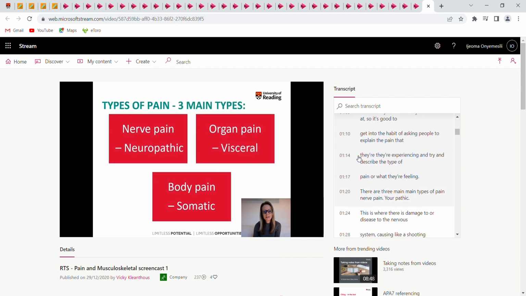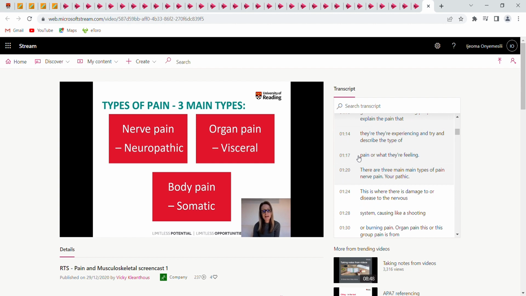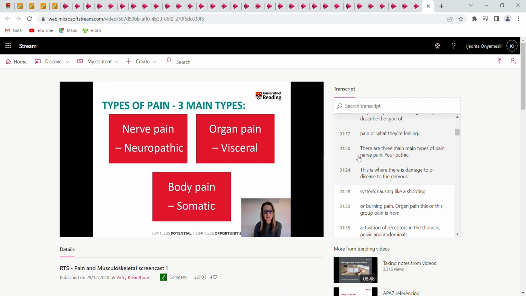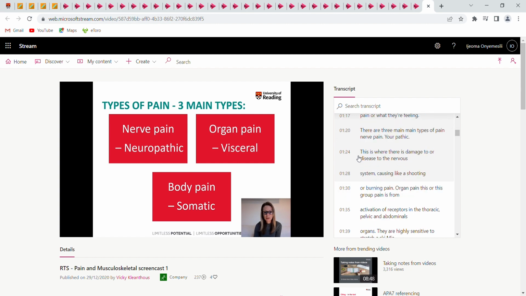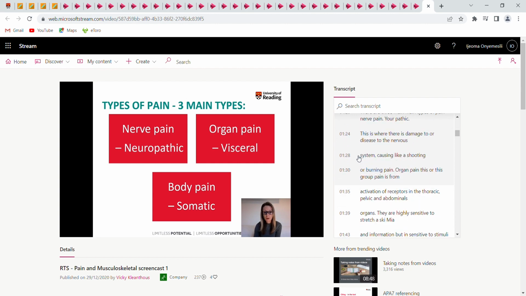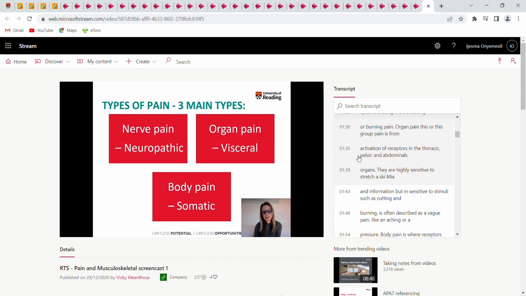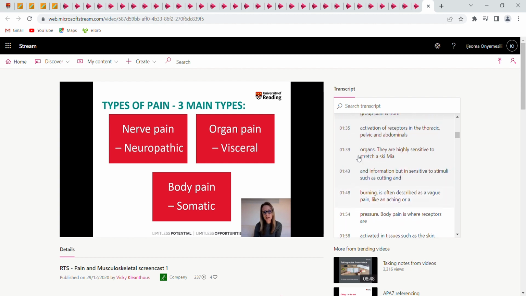There are three main types of pain. Nerve pain, neuropathic. This is where there is damage to or disease to the nervous system, causing like a shooting or burning pain. Organ pain, or visceral pain, is from activation of receptors in the thoracic, pelvic and abdominal organs. They're highly sensitive to stretch, ischemia and inflammation, but insensitive to stimuli such as cutting and burning.